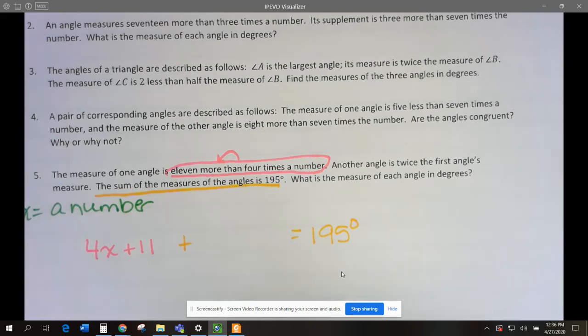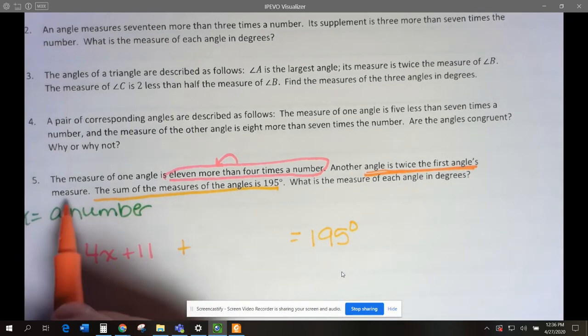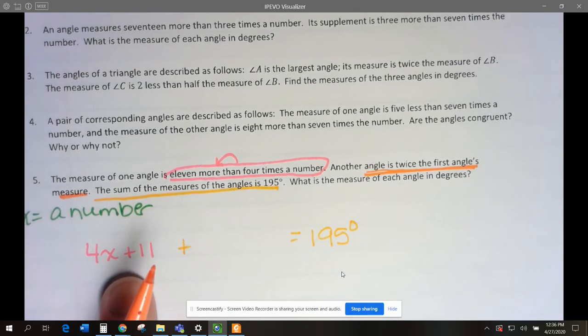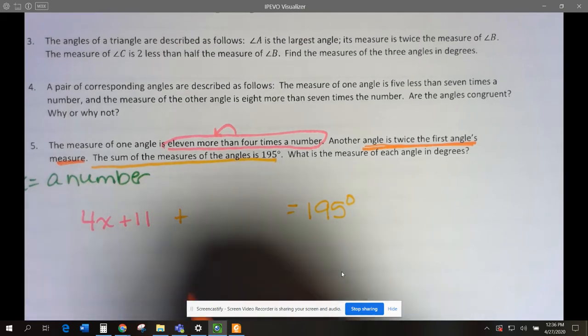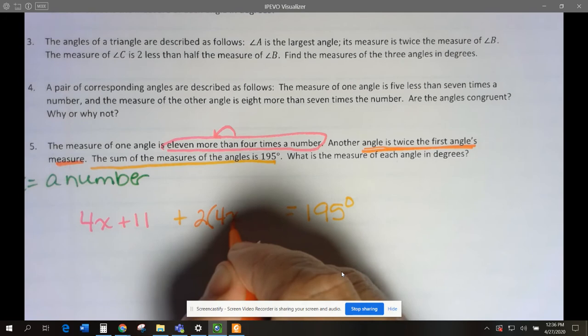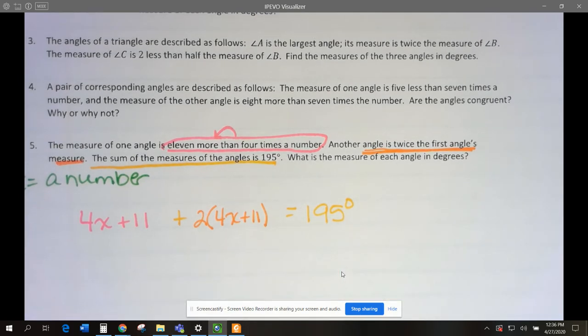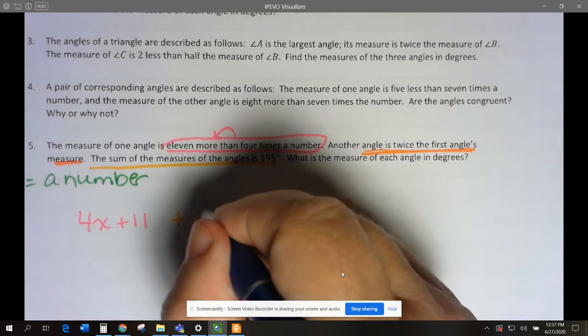Another angle is twice the first angle's measurement. Twice the first angle's. So I'm going to take this whole amount and multiply it by 2. So it's going to be 2 times the sum of 4x plus 11. Well, we're going to have to start with the distributive property here.